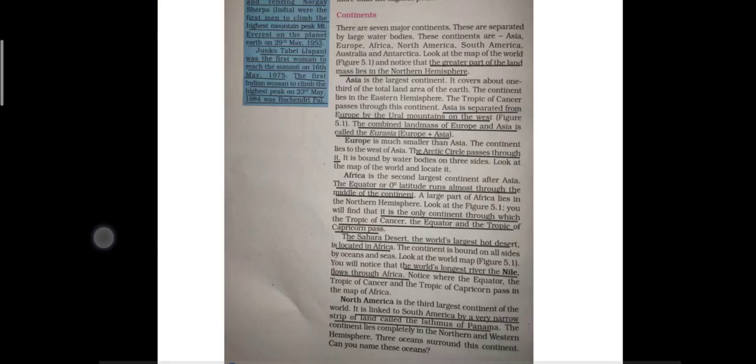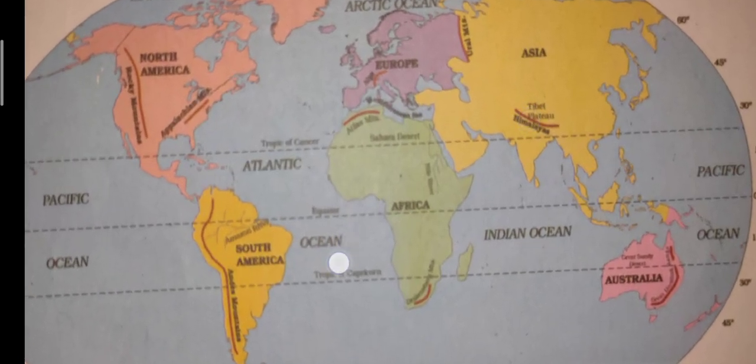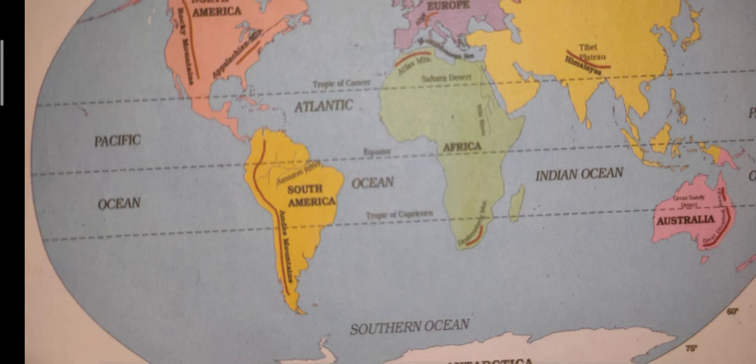As you can see here, on the west Pacific Ocean is there, on the east Atlantic Ocean is there. So Pacific Ocean and Atlantic Ocean surround South America on the west and on the east side.